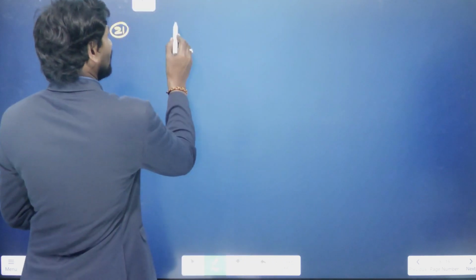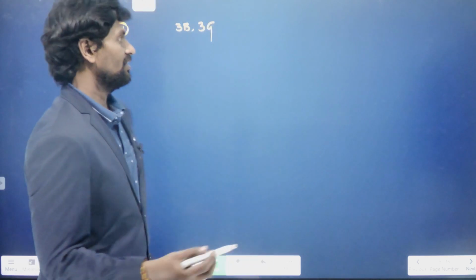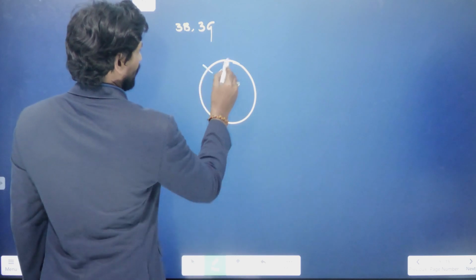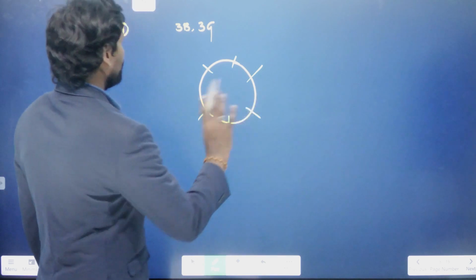Okay, the 21st one. 3 boys and 3 girls are to be seated around a table, a round table, in a circle. Among them, the boy X does not want any girl as a neighbor. There are 3 boys and 3 girls, so we can arrange like this: 1, 2, 3, 4, 5, 6, total 6 people.